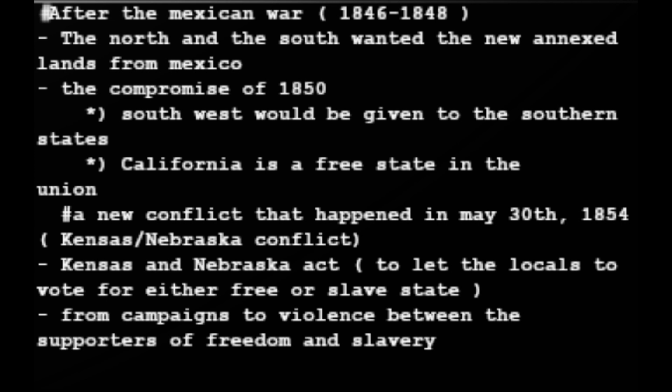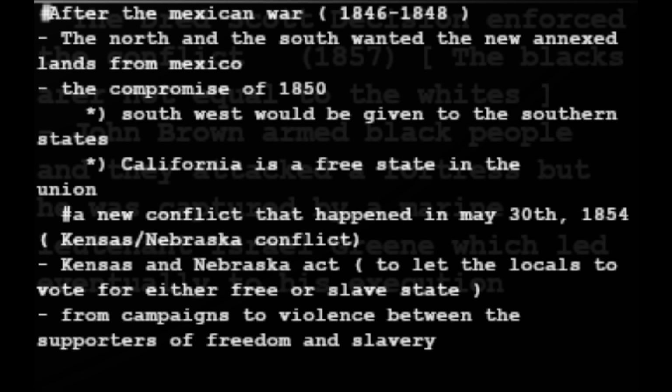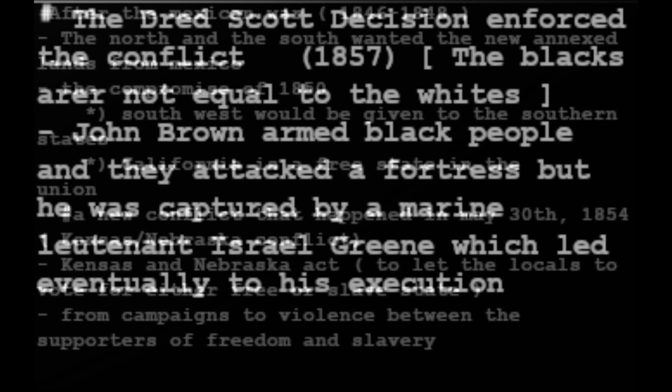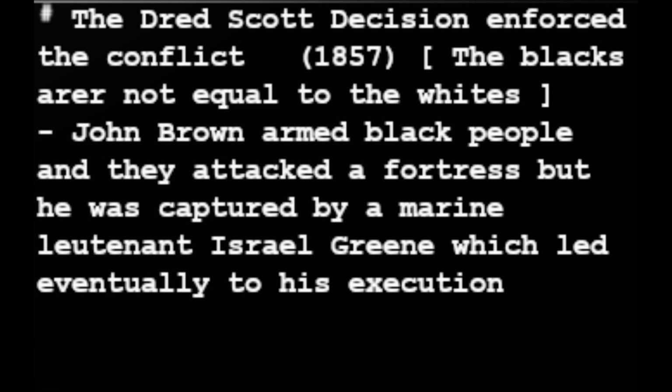So we have a vote, and who says vote says campaigns. During the campaigns, in order to convince people whether to vote for a slave or a free state, there was conflict and violence between the supporters of freedom and slavery.